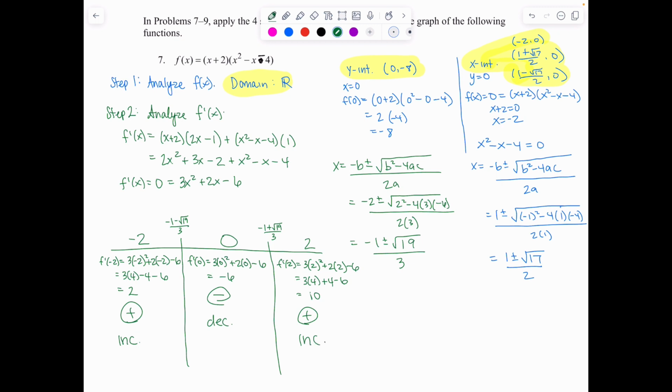So we have an increasing, decreasing, increasing, which tells us this value, -1 minus root 19 over 3, is going to be a local max. -1 plus root 19 over 3 is going to be a local min.